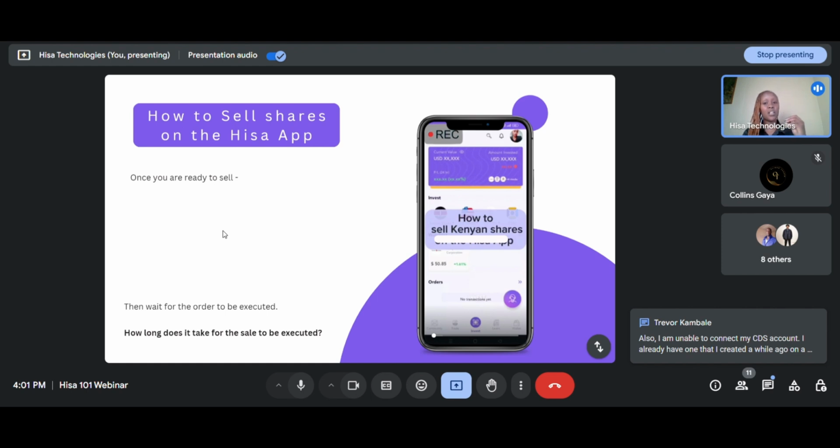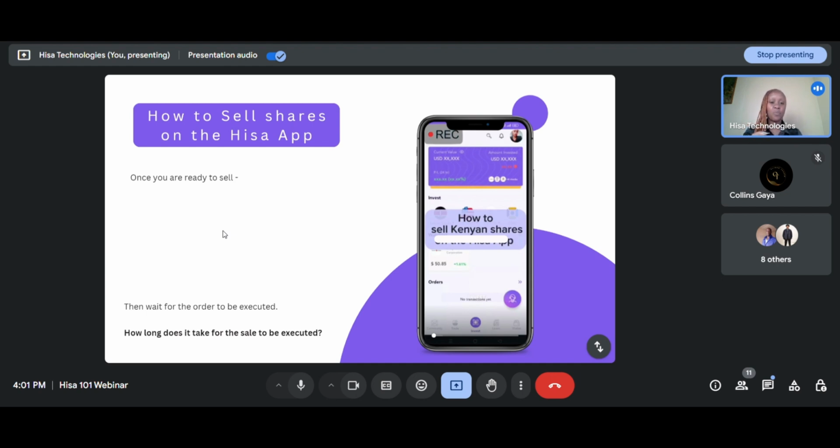You'll be prompted to key in your PIN. This is to make sure that it is you who is placing that order and not anyone else. After you've placed your sell order, you can go to the invest page and look at all the orders that you have placed.